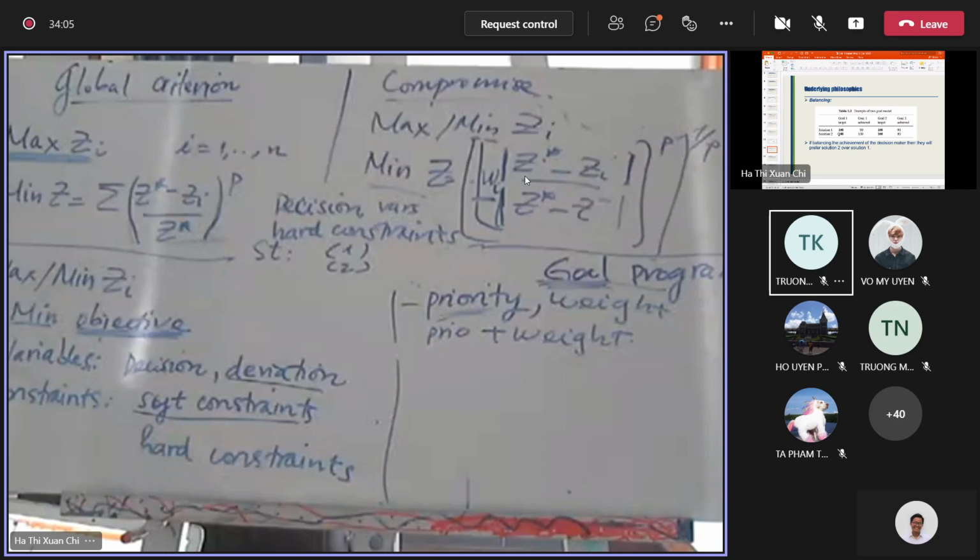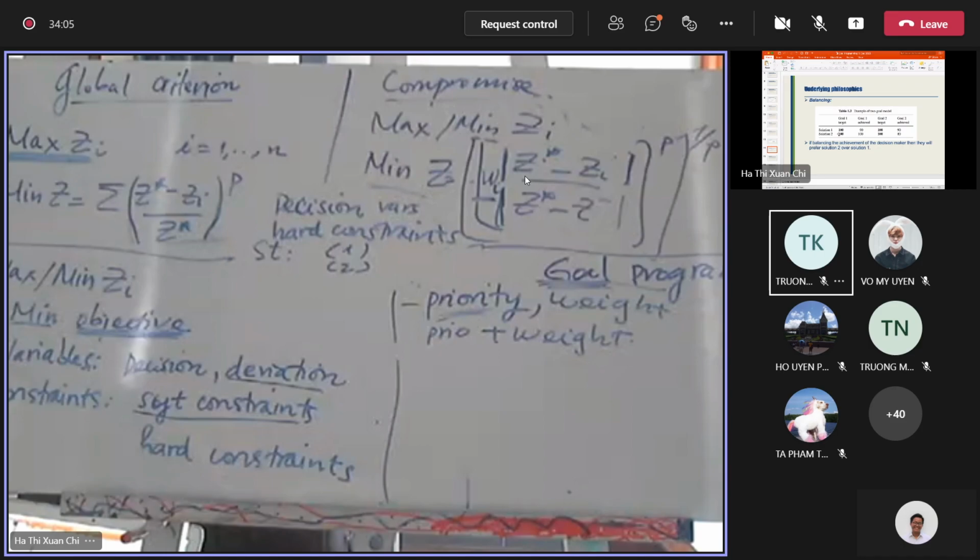So if you give the priorities, where the first goal is the first priority and the second is the second priority, of course they will choose solution 2 because they want to achieve goal 1, first priority, and for goal 2 they can sacrifice.